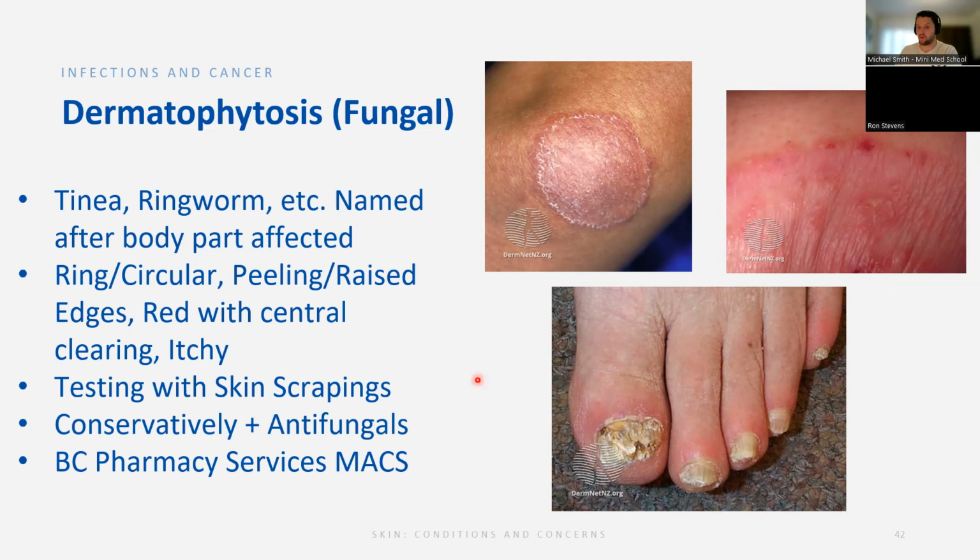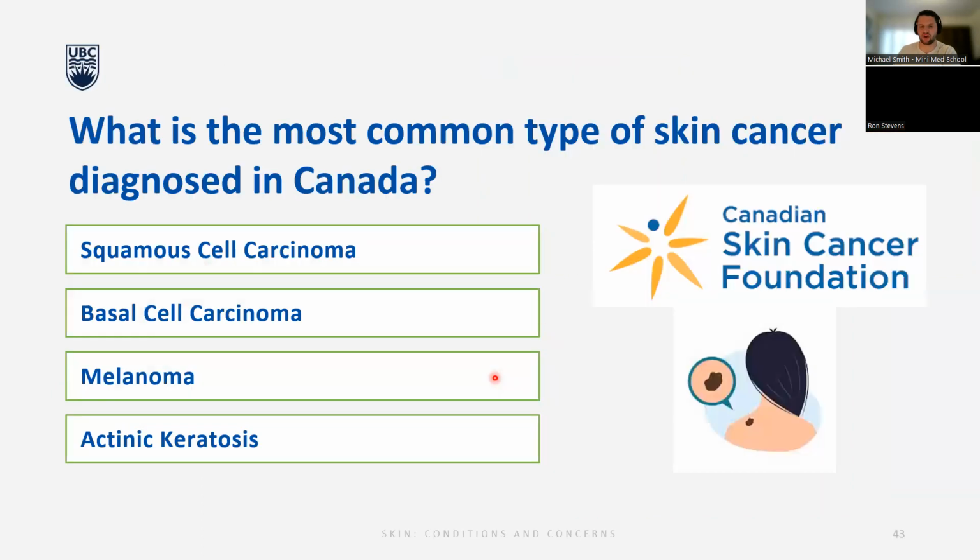I know that was a bit of a whirlwind, but we're going to get into the other section talking about skin cancers. I'm sure a lot of you were interested in looking through that. But firstly, we have a poll to reassess your knowledge as well. I want to ask you what you think is the most common type of skin cancer diagnosed in Canada. I've started the poll there, and feel free to answer.